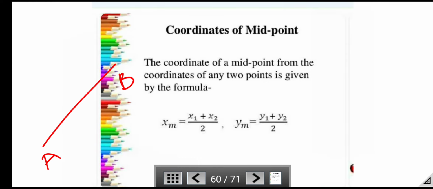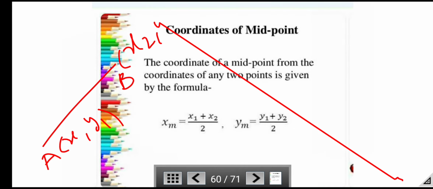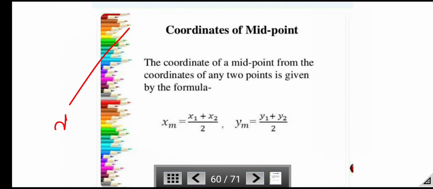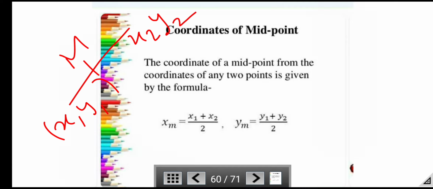If the coordinates of A are x1, y1 and the coordinates of B are x2, y2, then the coordinates of the midpoint are (x1 + x2)/2 and (y1 + y2)/2.